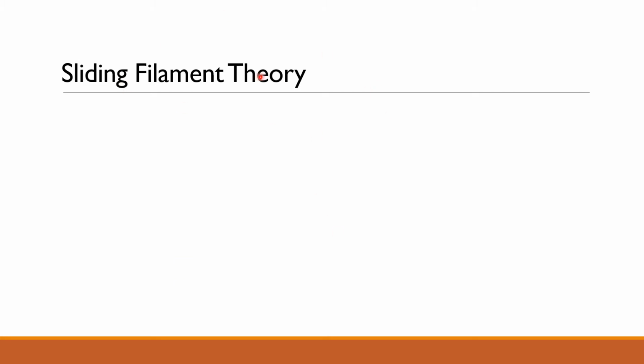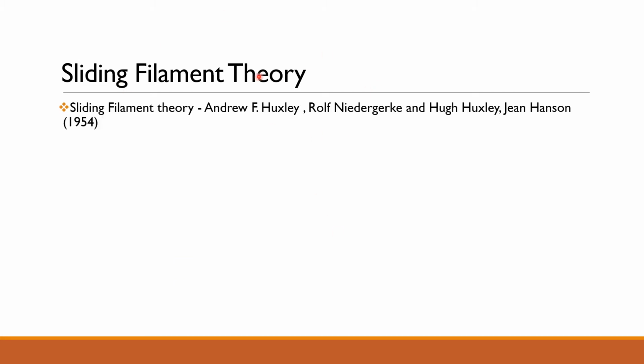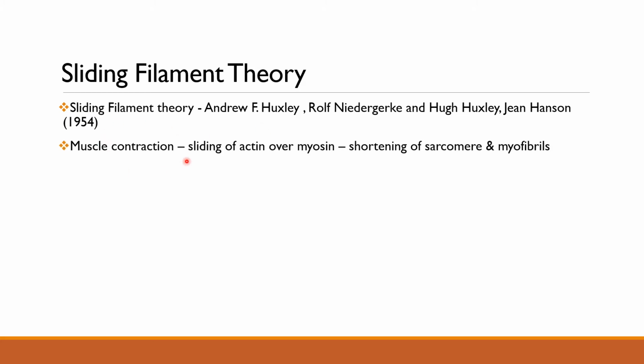So now let us see the sliding filament theory. The sliding filament theory was proposed in the year 1954 by two pairs of scientists. So according to them, the muscle contraction happens because of the sliding of actin over myosin.